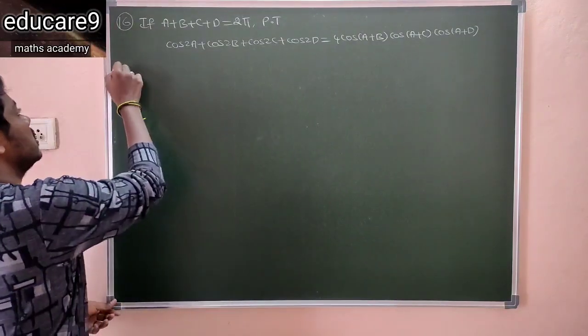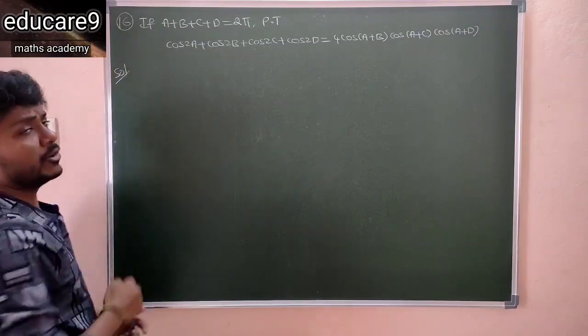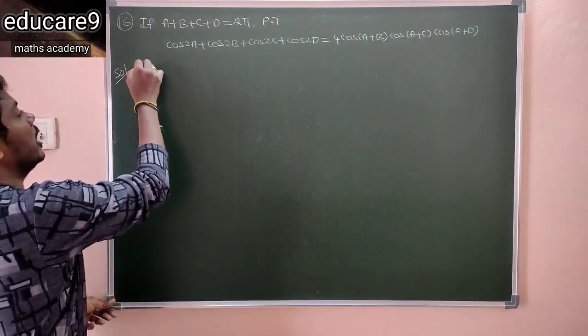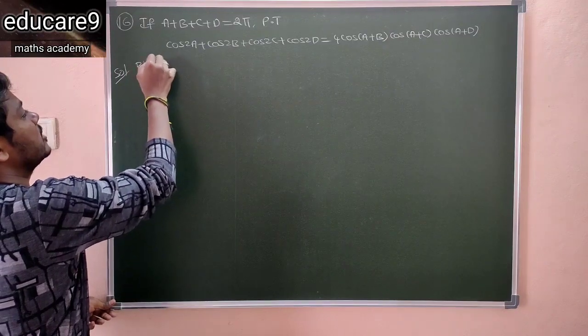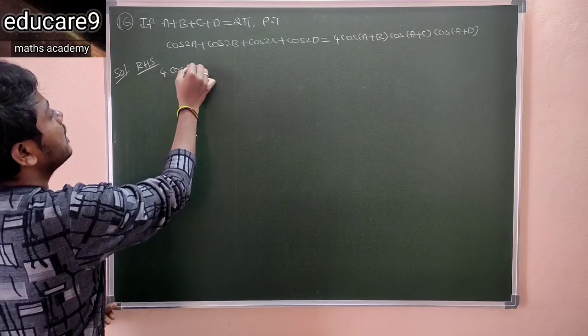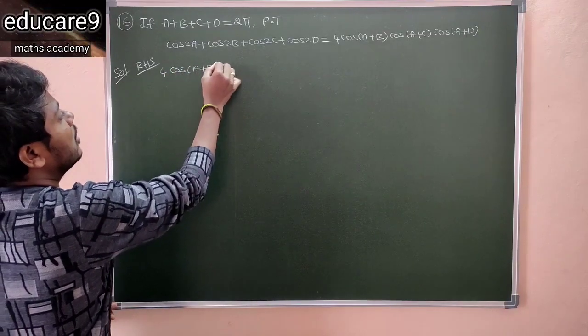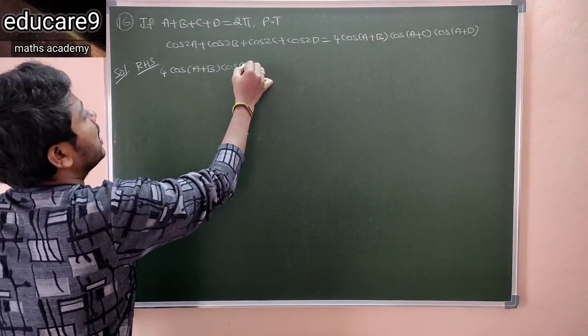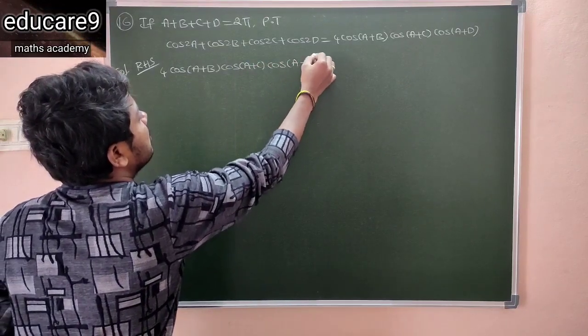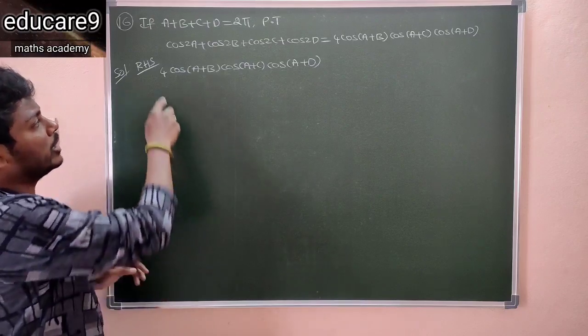Okay. See your solution. See here we can consider either LHS or RHS. Okay. Now I am considering RHS. So what is that? 4 cos a plus b cos a plus c cos a plus d. Okay. Now how to write this 4?